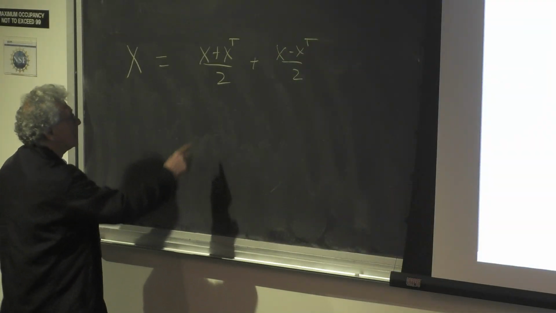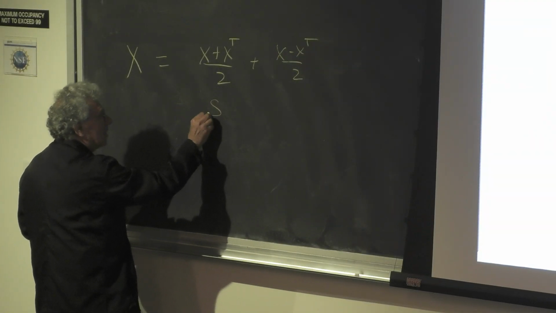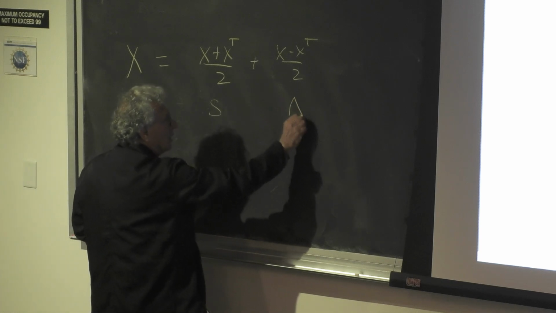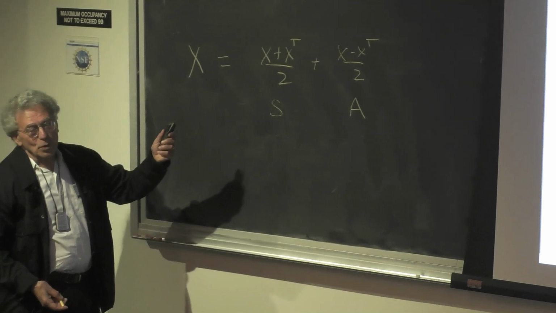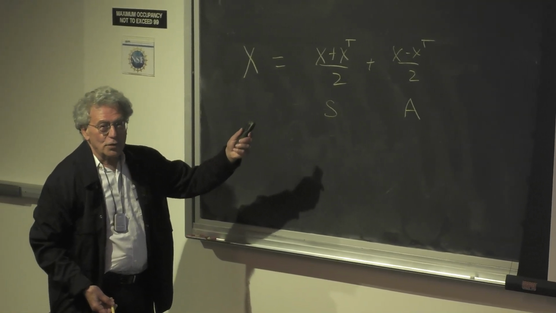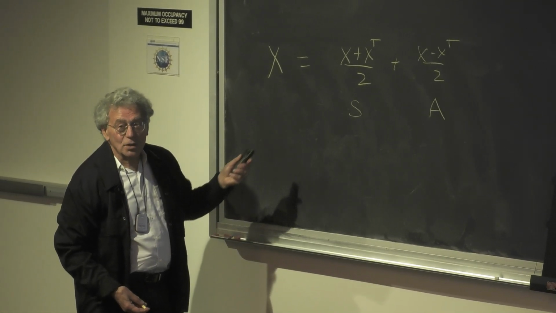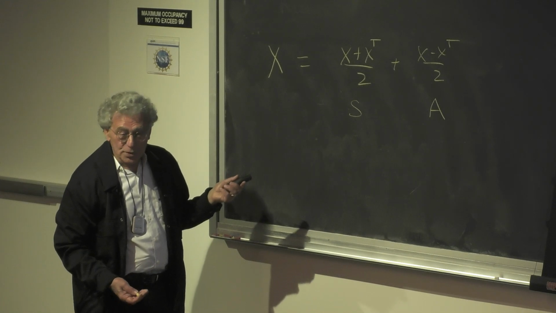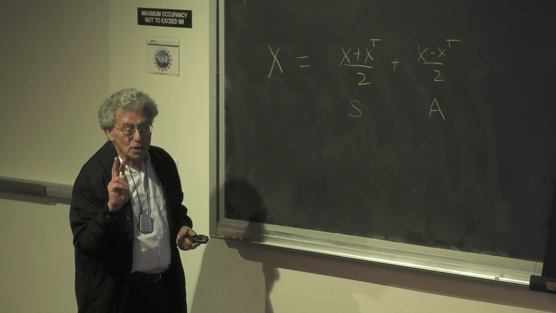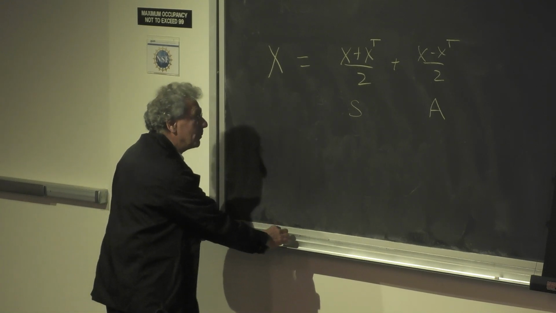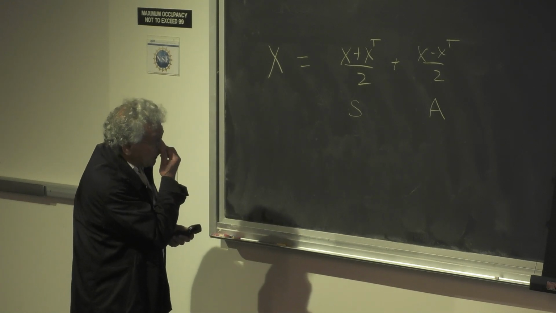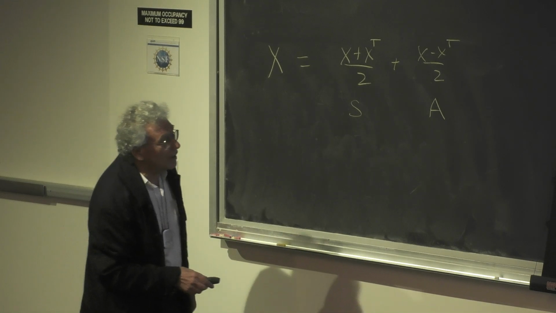This part is symmetric, and this is what we call antisymmetric. Antisymmetric corresponds to fermions, and the symmetric ones correspond to bosons, but this is only for D equals 2 bipartite; you can do it for more than D. So this is the decomposition that we have.